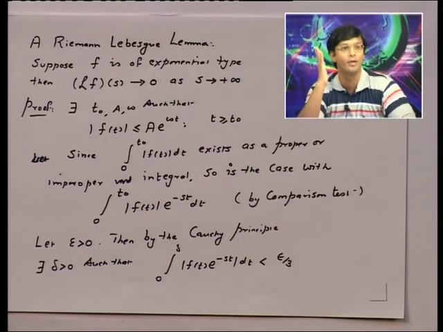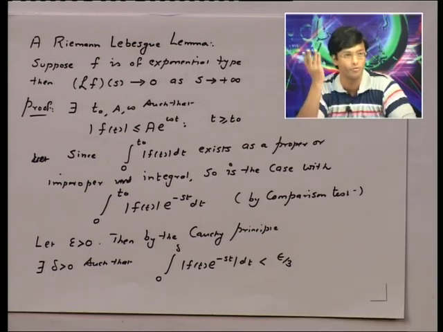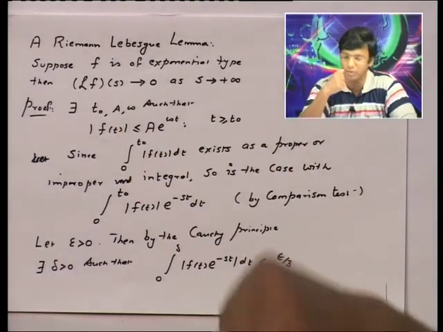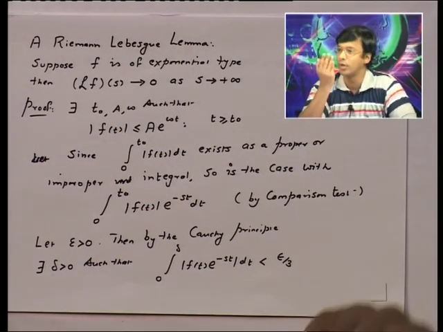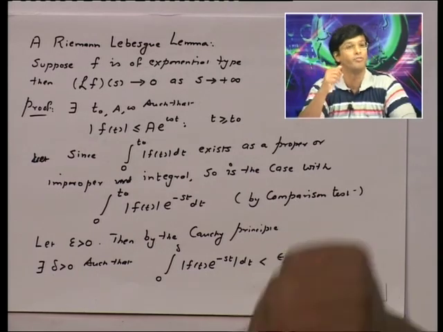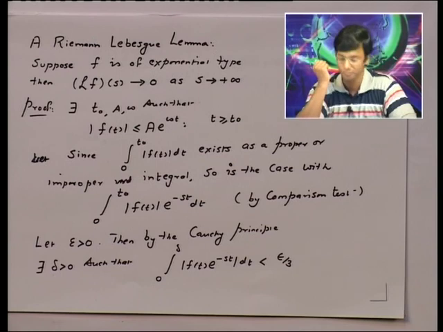They are all called Riemann-Lebesgue lemmas, all of the same type. For the Fourier series, it asserts that the Fourier coefficients go to 0. For the Fourier transform, it asserts that the Fourier transform goes to 0, and so on.